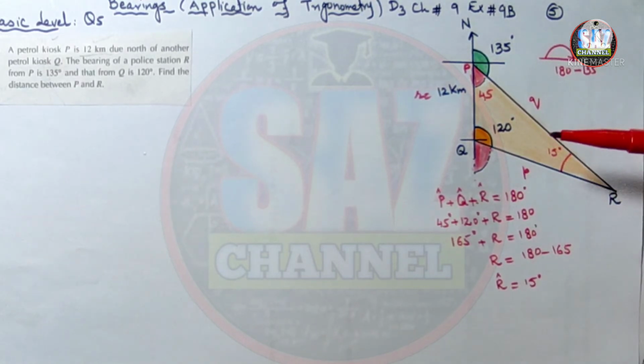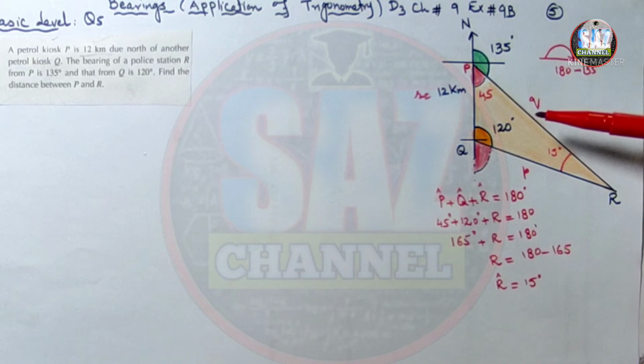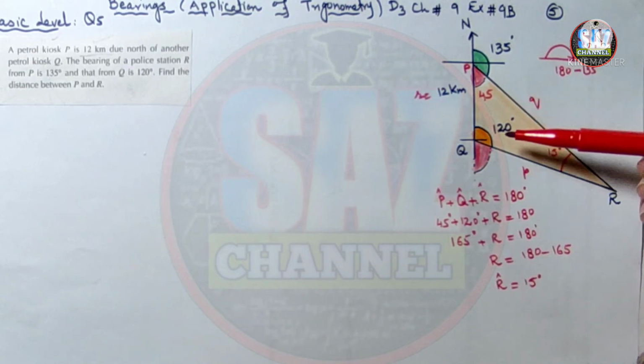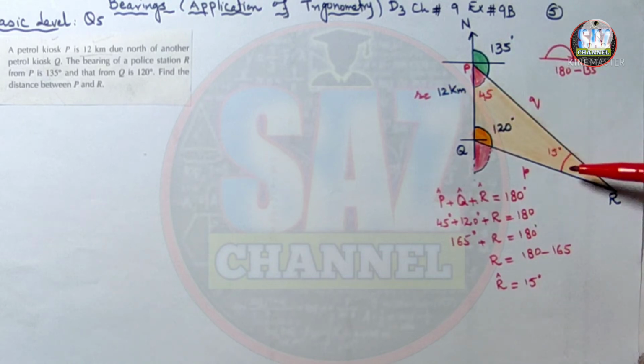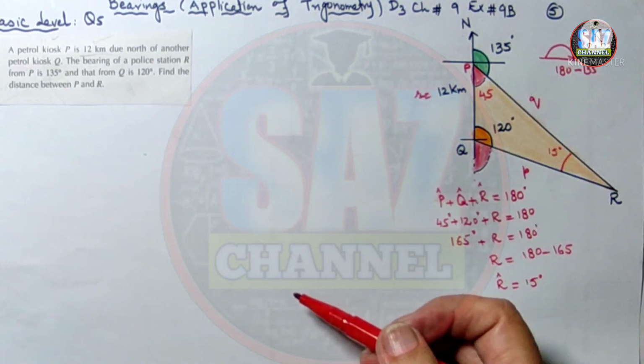Now actual requirement of the question is distance PR. Now look, students, that in front of PR we have the angle given to us, and we have one side and corresponding angle with us. So in order to find the length PR, we have to apply sine law.